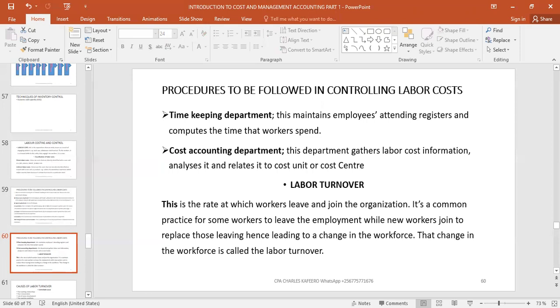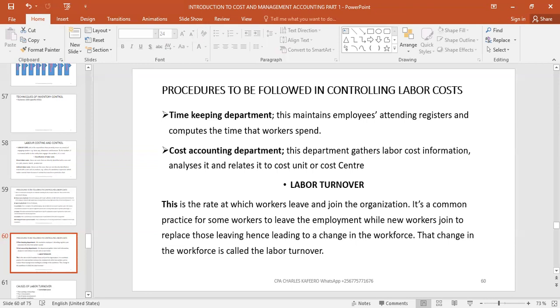So to a smaller extent, it is important, because by the time someone leaves the organization, there are other people who have been working and need to get promoted. So it is important for some people to leave, but to a smaller extent. To a larger extent, it is a bit dangerous because you are incurring more costs.